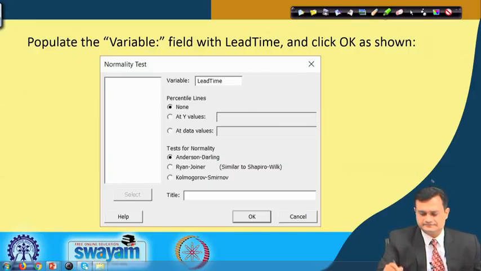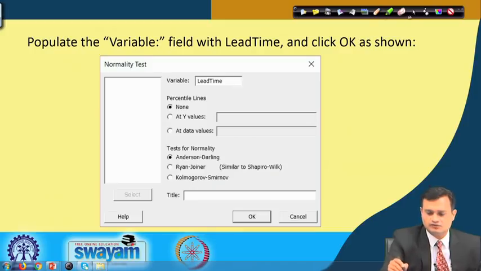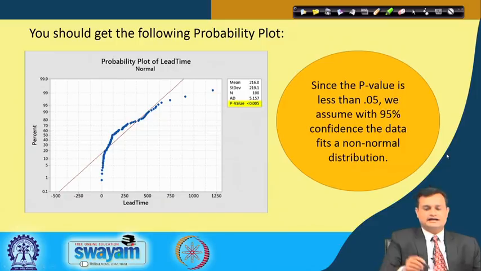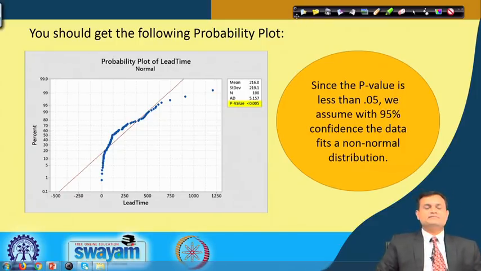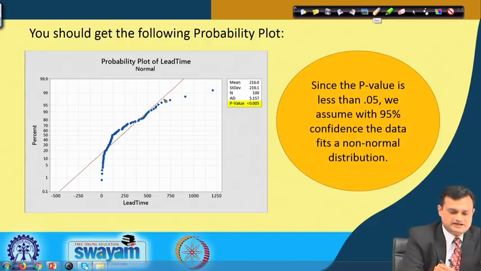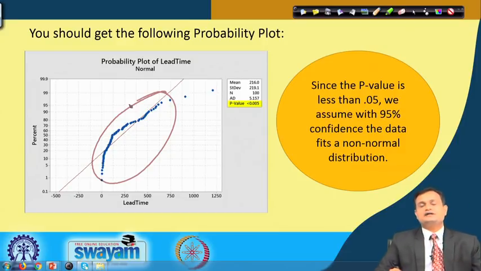Now, let us see what is the next step in my analysis using Minitab. I can see very clearly that my normal probability plot shows that my data is not fitting the straight line, so my assumption about normality of the data is not valid. It means my data is non-normal.